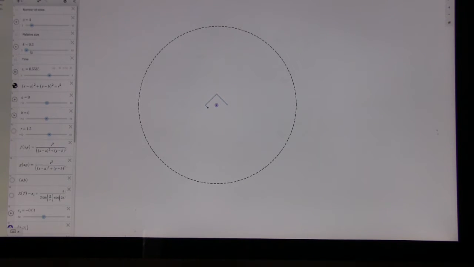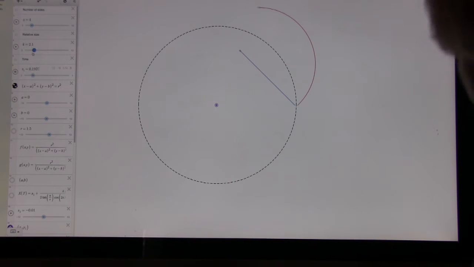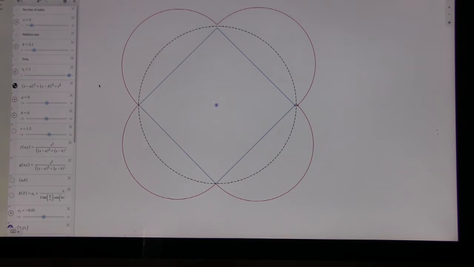And then if I increase it, when you increase the size of the square, the inversion comes in. Now I've got it like touching the corners. Yeah, that's pretty neat. What if I cut this thing?